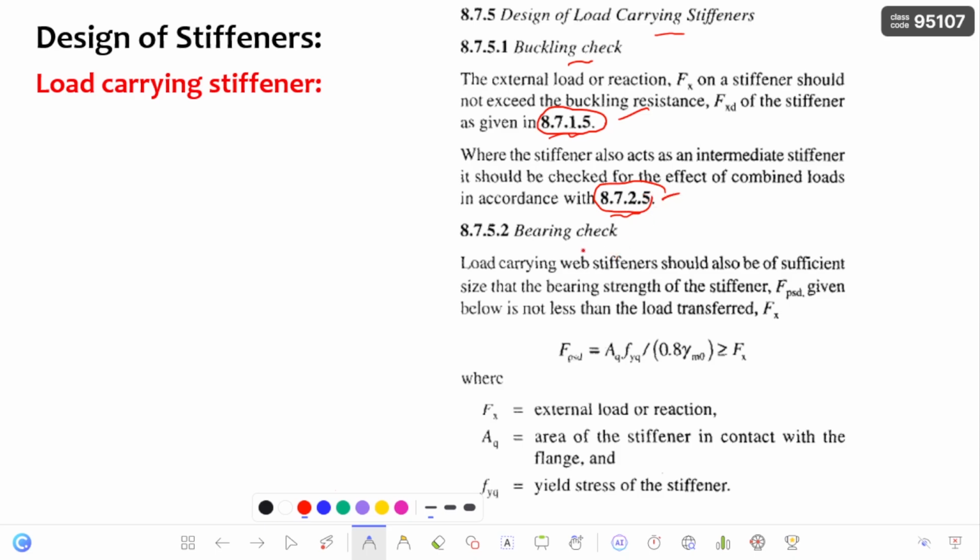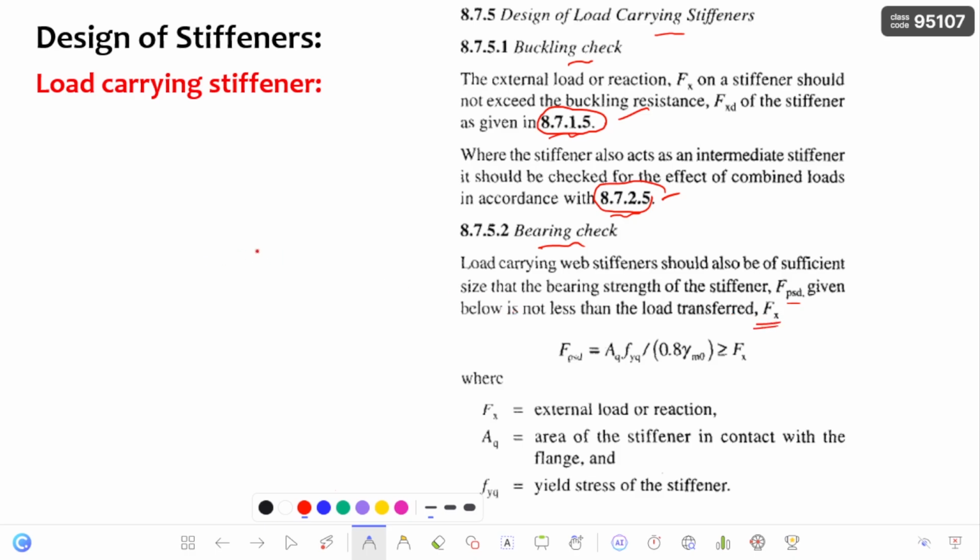And also coming to the next thing, that is bearing check. Load carrying web stiffeners should also be of sufficient size that the bearing strength of the stiffener FPSD given below is not less than the load transferred Fx.